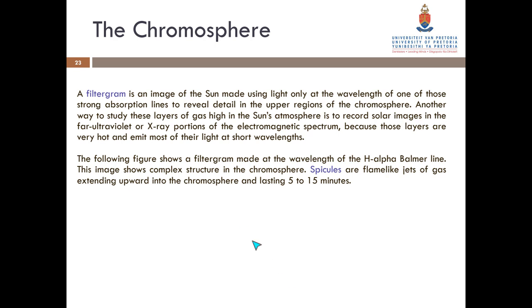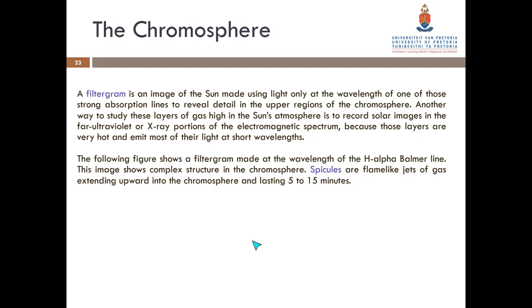A spectroheliogram is an image of the sun made using light only at wavelengths of one of those strong absorption lines to reveal detail in the upper regions of the chromosphere. Another way to study these layers of gas high in the sun's atmosphere is to record solar images in the far ultraviolet or X-ray portions of the electromagnetic spectrum, because those layers are very hot and emit most of their light at short wavelengths.